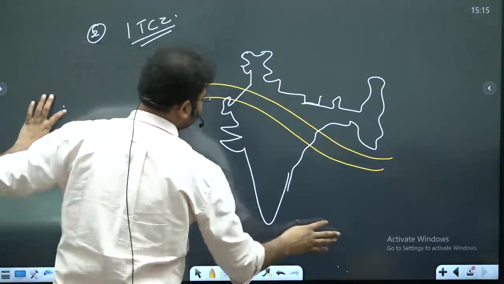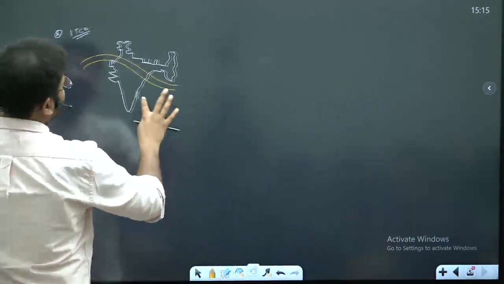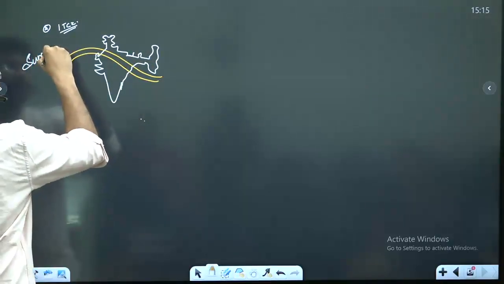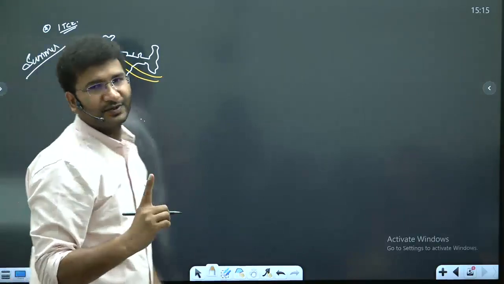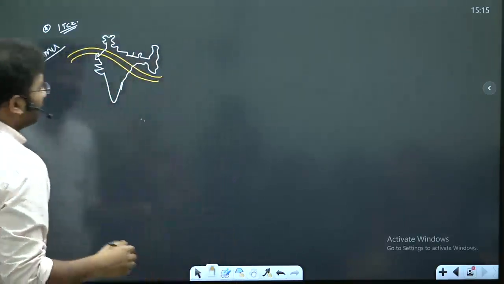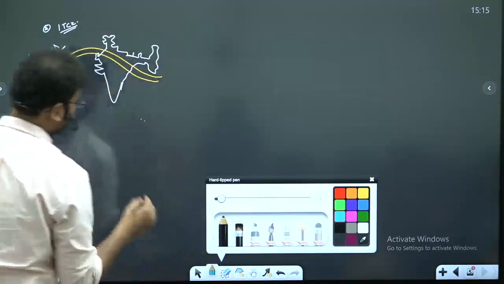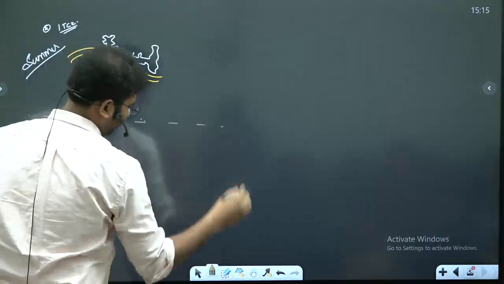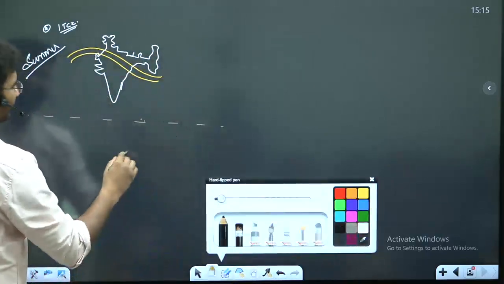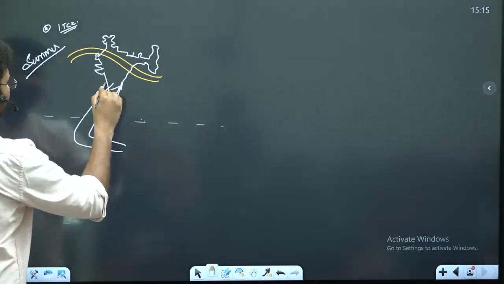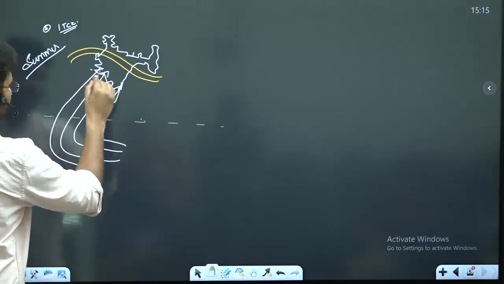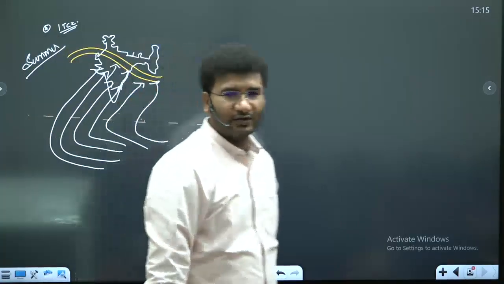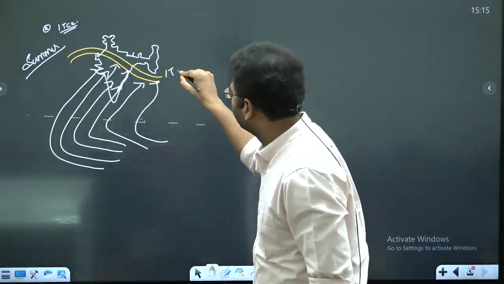And because of this ITCZ zone, please make sure to draw all of this on one single page so that it will be easier for you. This is your equator. Because of this equator, the winds are moving towards the ITCZ.